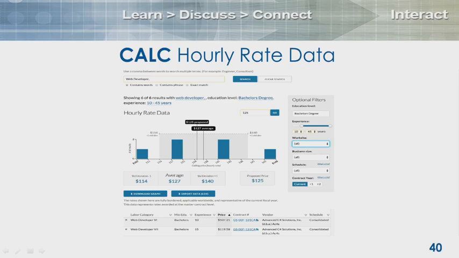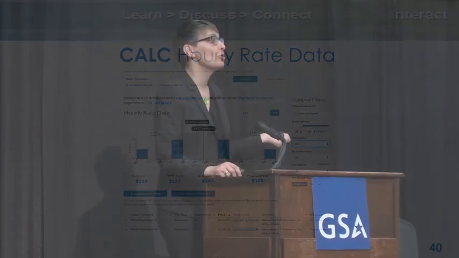You can see the variation, and you can put in different education requirements, so it allows you to rapidly see what the distribution is. Below, you can see all of the contracts that have web developer on them.